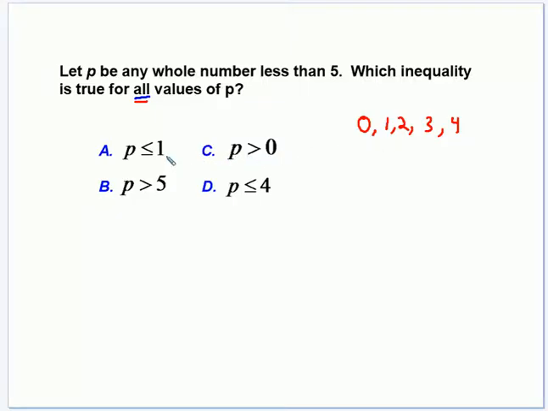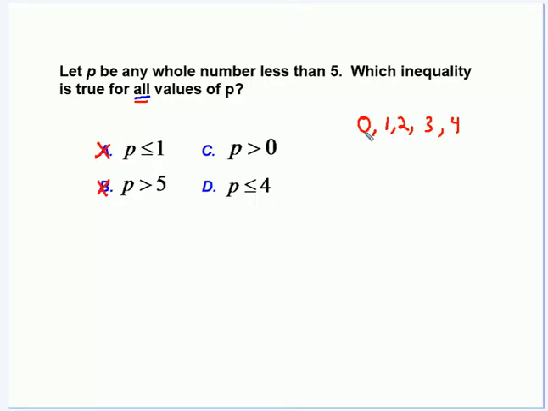Now let's figure out which one of these is true. A, is P less than or equal to 1 for each one of these? Well, no, it's not, because we have 2, 3, and 4. Those are not less than or equal to 1. How about B? Is P greater than 5? None of these values can be greater than 5, so that's wrong. How about, is P greater than 0?